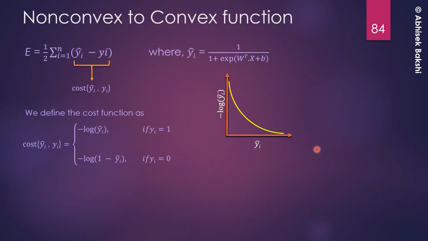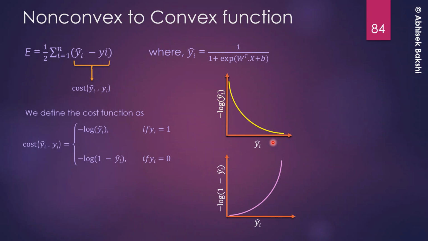You can simply check this in your calculator as well. This is one side. The other side is when yi is equal to 0, I mean this side. If you see what happens for minus log of 1 minus yi cap, you will see it's basically increasing, something like this. It's exponentially increasing with respect to yi cap. So if yi cap increases, the value of minus log of 1 minus yi cap will keep on increasing and look something like this.